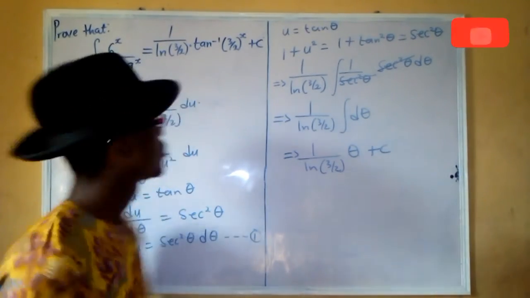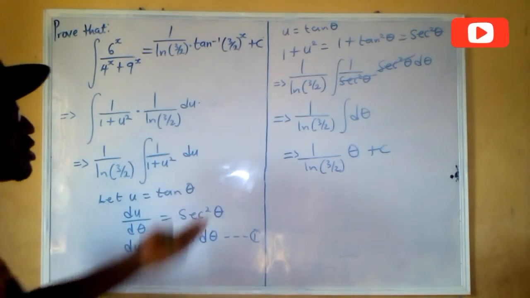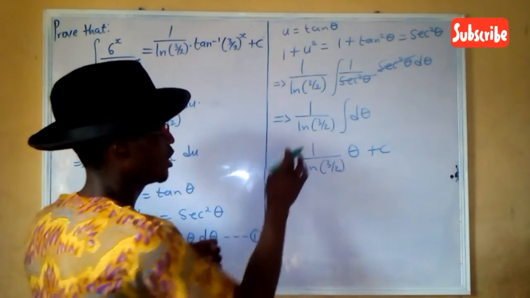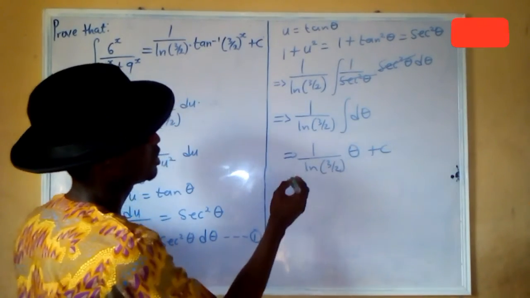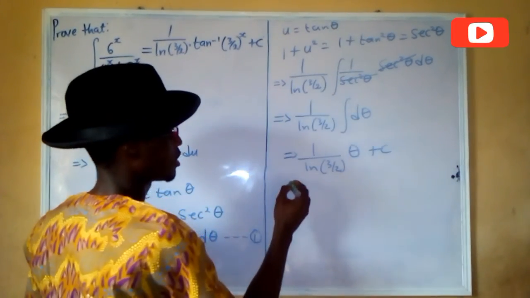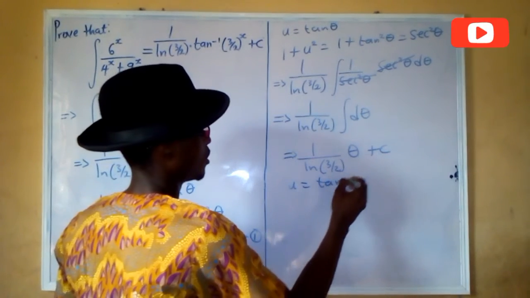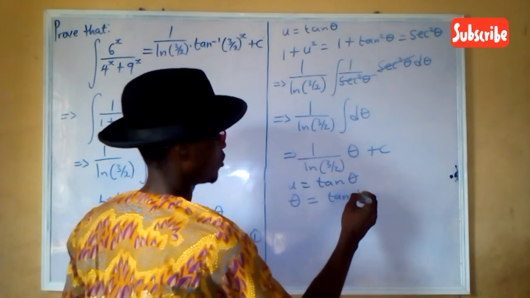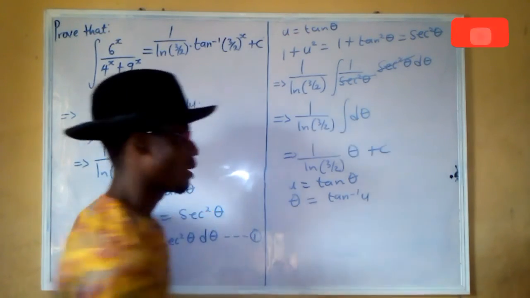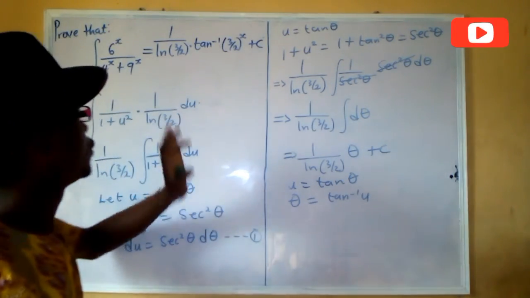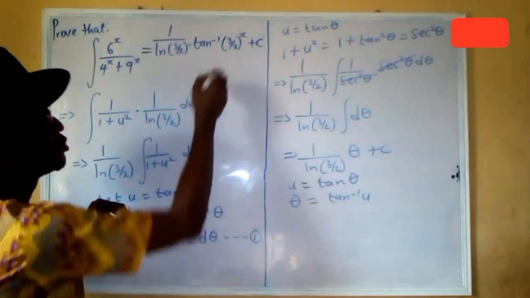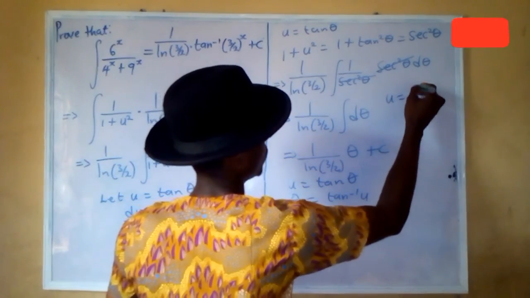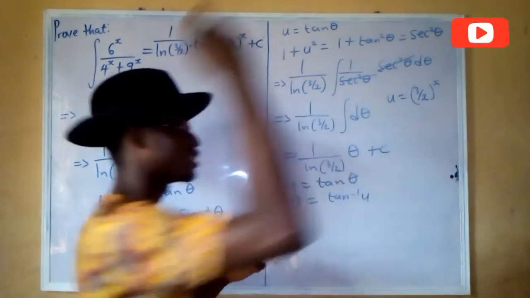But how can we actually prove it to this extent? Something very simple. We can see that u equals tan theta, that is, theta will be tan inverse of u. And don't forget that u is still (3/2) raised to the power x, as we have said earlier.